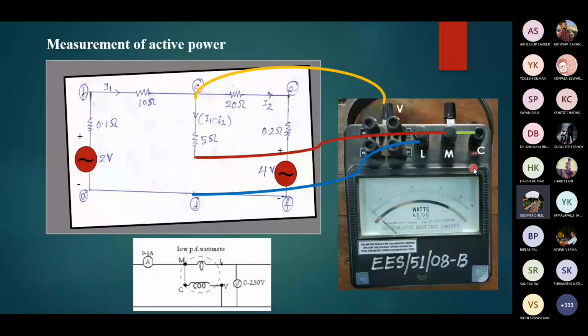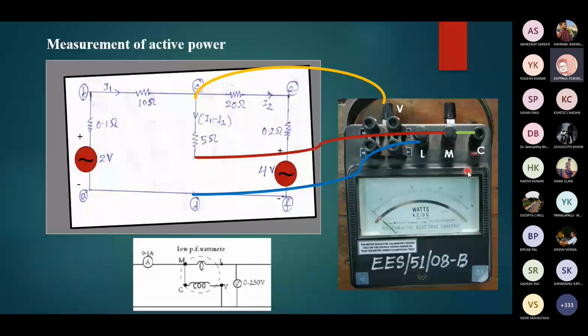What is the importance of pressure coil? It is the wattmeter inside coil which is used for getting the measurement of the pressure, so that the wattmeter as a whole is giving the reading of the wattage.